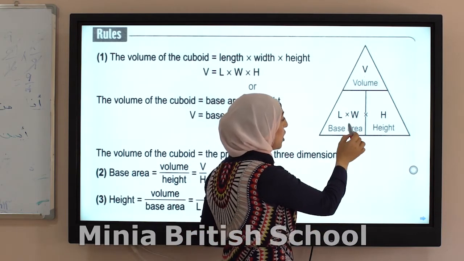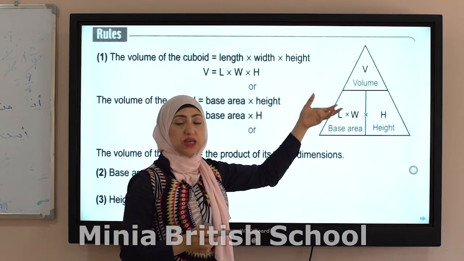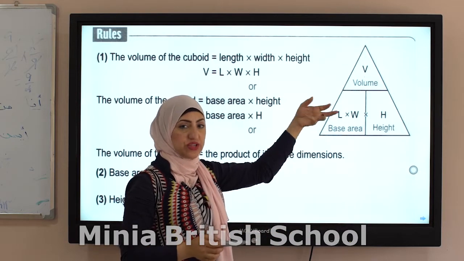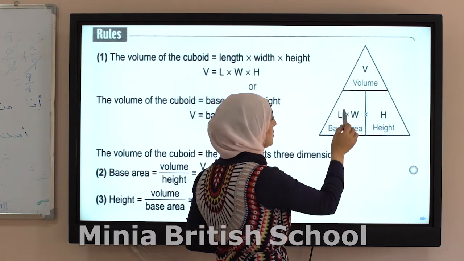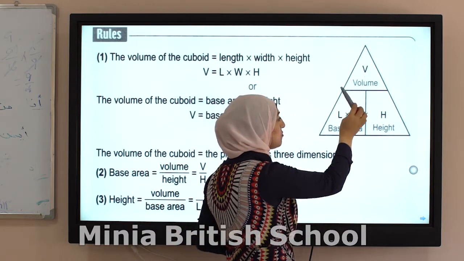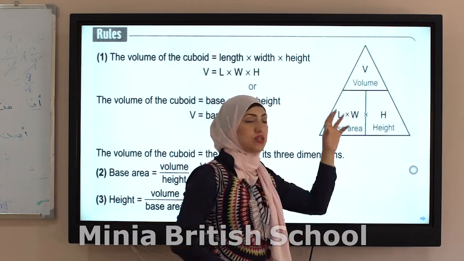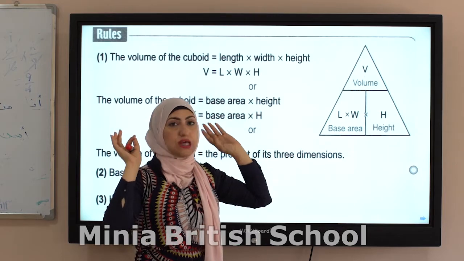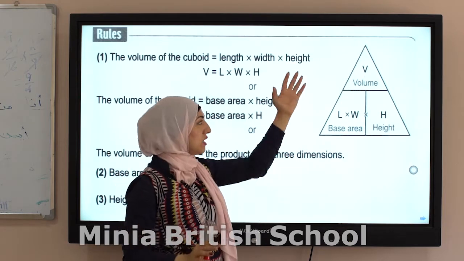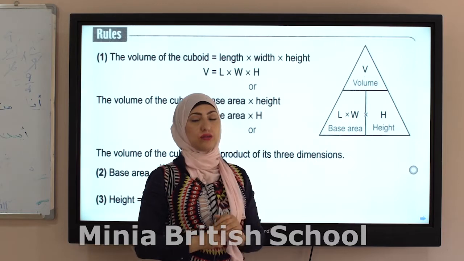Here, length times width is the area of the base. So volume equals length times width times height. This is our rule. You have to keep it in mind. Volume equals length times width times height.